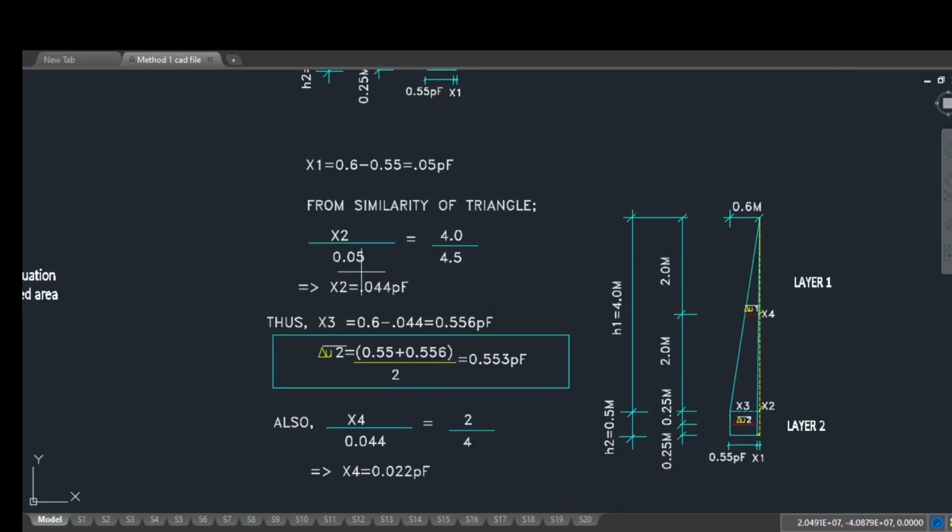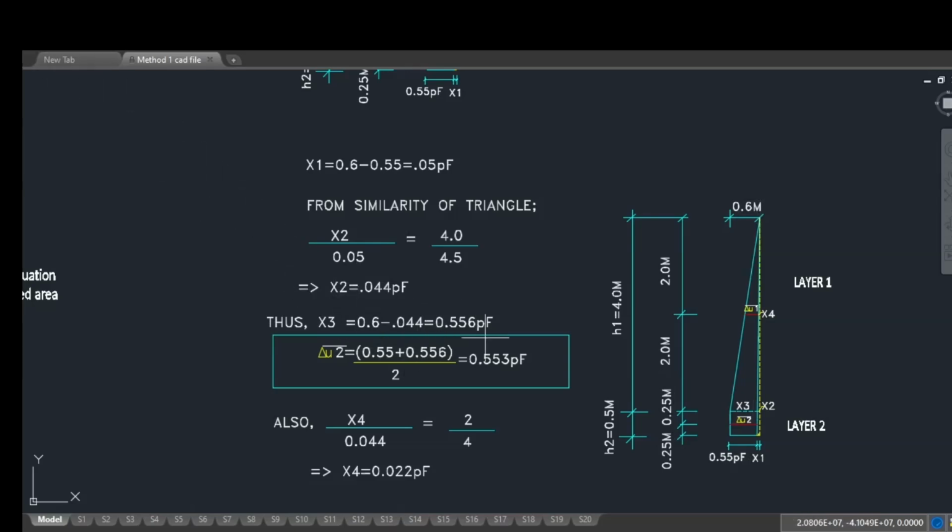Then from similarities of triangles, we can say x2 divided by x1, which is 0.05, is equal to 4 divided by 4.5, and x2 would be 0.044 picofarad. So far so good. Then x3 is simply 0.6 minus 0.044, and that will be 0.556 picofarad.